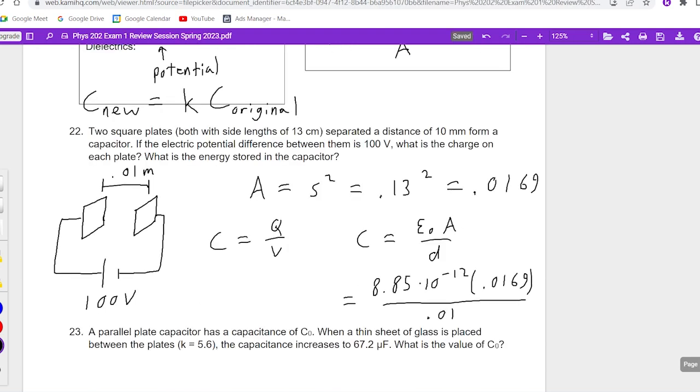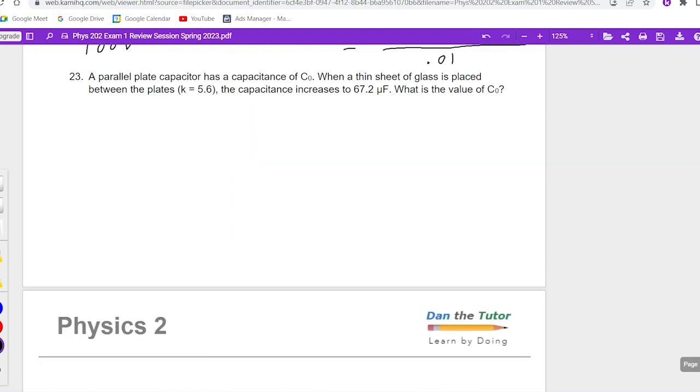Okay. Next, number 23. A parallel plate capacitor has a capacitance of C0. When a thin sheet of glass is placed between the plates, K equals 5.6, the capacitance increases to 67.2 microfarads. What is the value of C0? So again, I don't think it's a comparison problem necessarily, but we're going to treat it like a comparison problem.